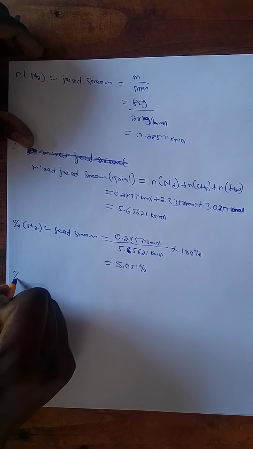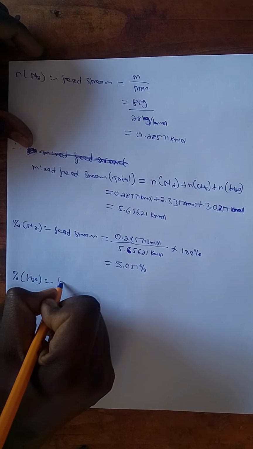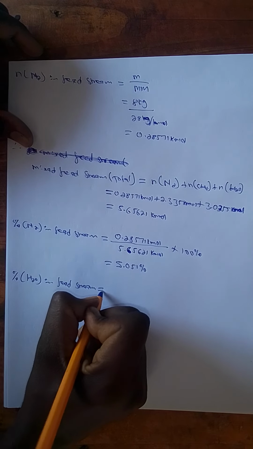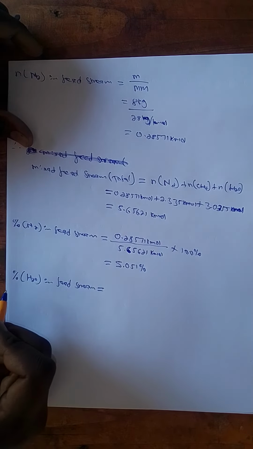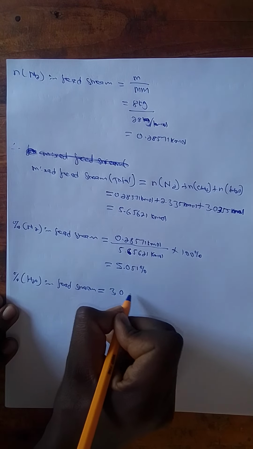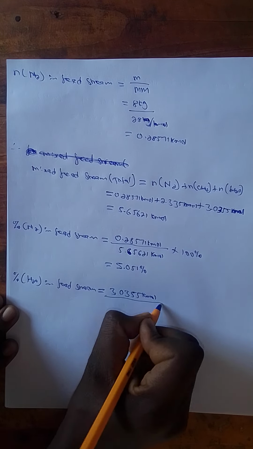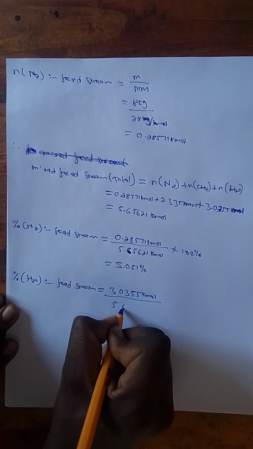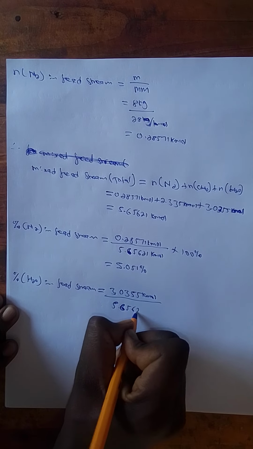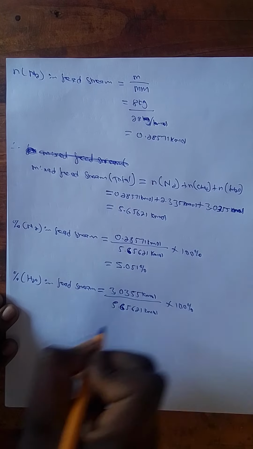And then we say percentage of H2O in feed stream is equal to the number of moles of H2O, we calculated it to be 3.0355 kilomole all over the total, 5.65621 kilomole, multiplied by 100%.